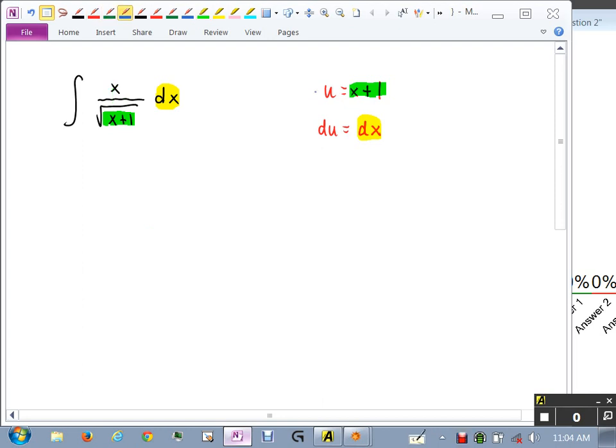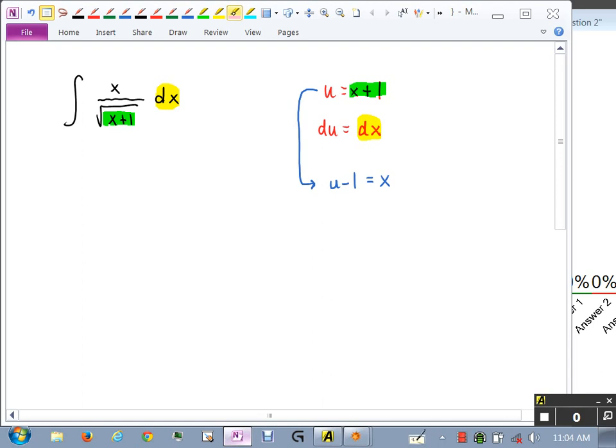So what I have to notice is that my substitution created an equation, didn't it? The equation has u and x in it. I can take that equation and solve it for x. So just isolate x in that equation. Subtract 1 on both sides, right? You get u minus 1 equals x.